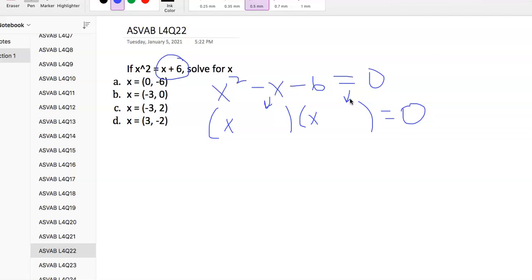If we look at different numbers, like 3 and -2, that would multiply to -6, right, but 3 minus 2 is 1, so that wouldn't work.